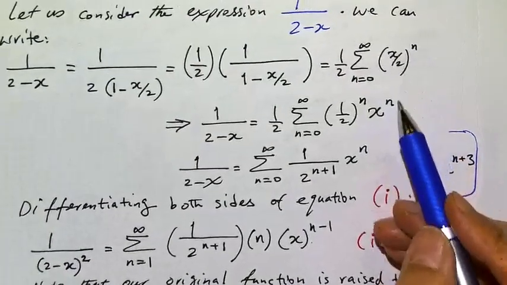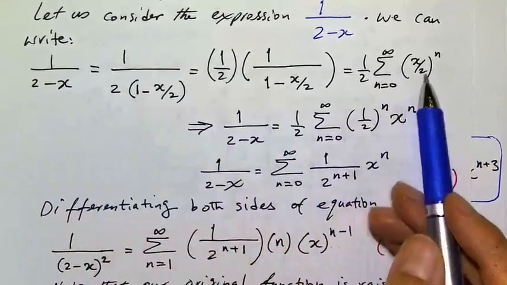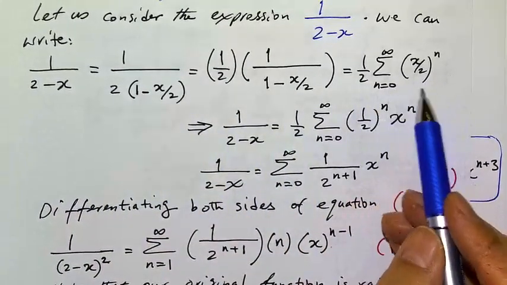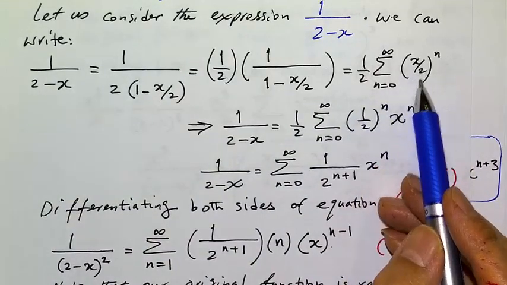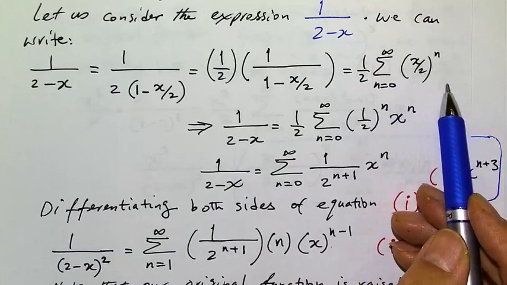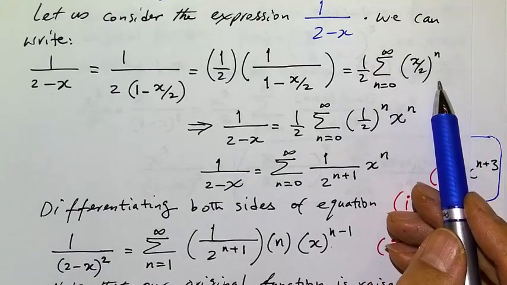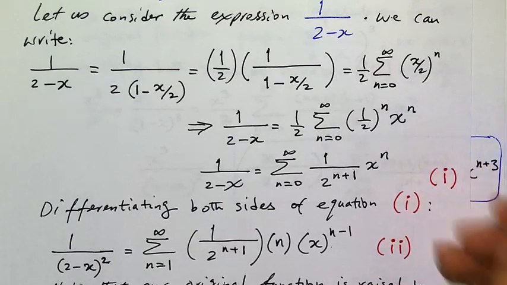Sorry about that, but what we started with, which was 1 over 2 minus x, had this power series, and the radius of convergence for this power series was the absolute value of x over 2 less than 1, and then we'll have to calculate that. R would be 2. But I didn't do it here.